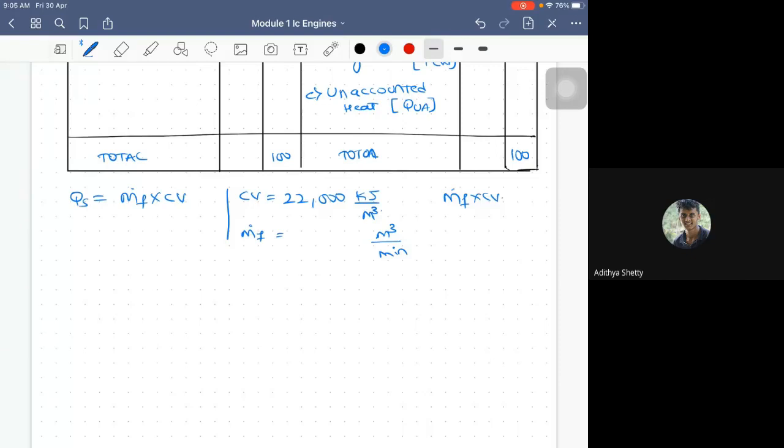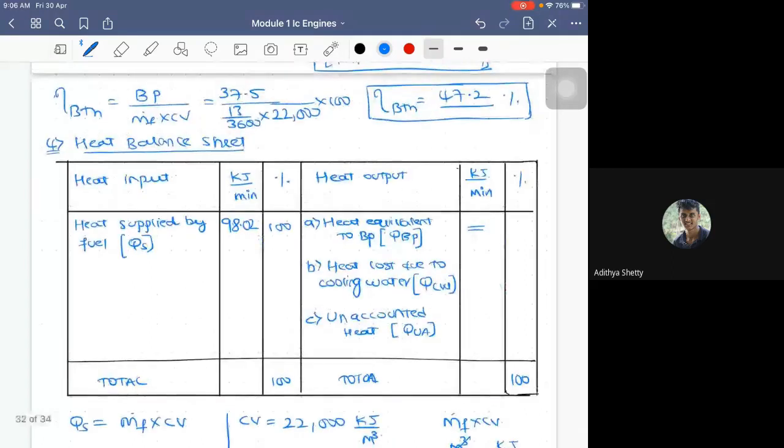So mf dot is meter cube per minute cross CV is kilojoules per meter cube. Now meter cube goes away. So whatever answer you get, that would be in kilojoules per minute, which is the required value, because this is the unit which you have to take care of.